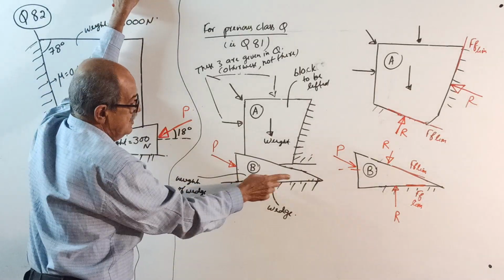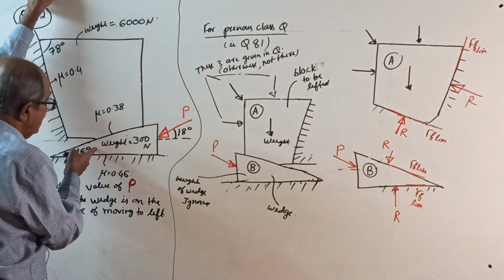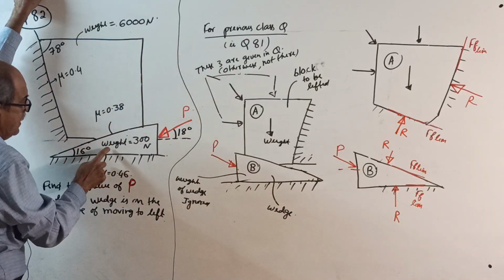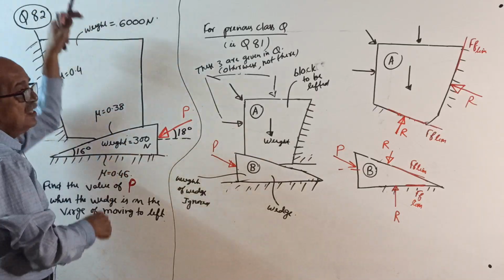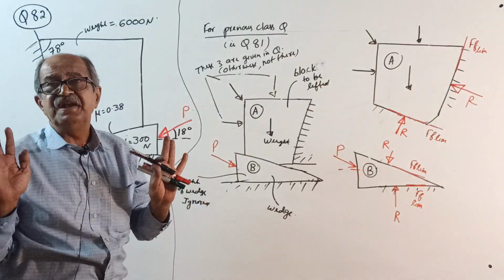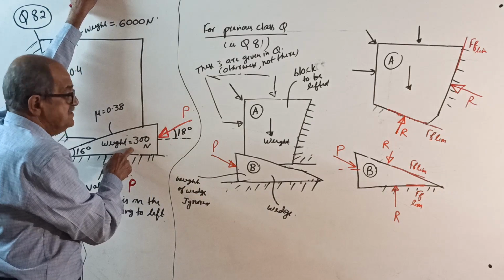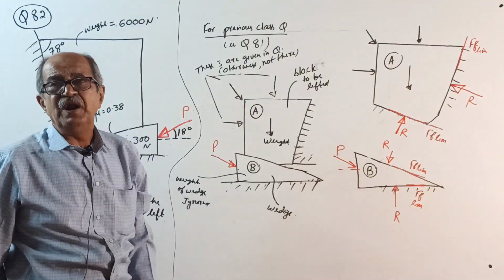Last class, the wedge was of very negligible weight. But in this question, the weight of the block is 6000 Newton and the weight of the wedge is 300 Newton. It is very small, but still it is given, so we will consider it. If the weight of the wedge is given, just put an arrow mark there when you later draw the free body diagram.